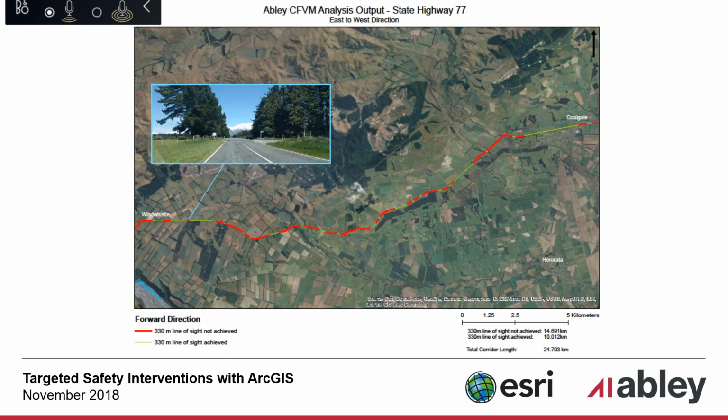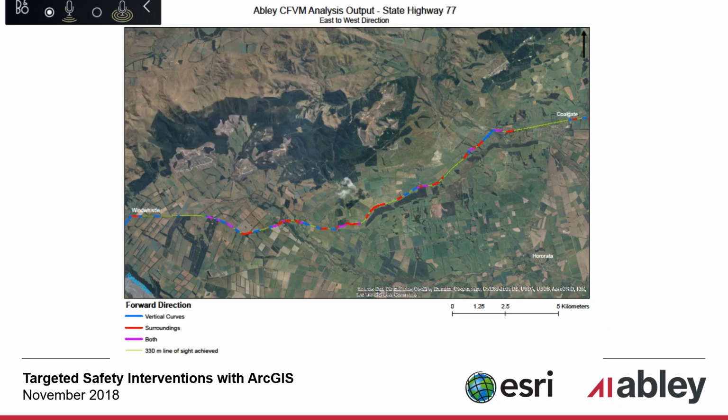And at this particular location we'll see that visibility is not achieved in one direction at the point that's highlighted here, and that might indicate the ability to conduct earthworks to remove the slight crest in the road that would create a much longer section of road that would be available to passing along the corridor.